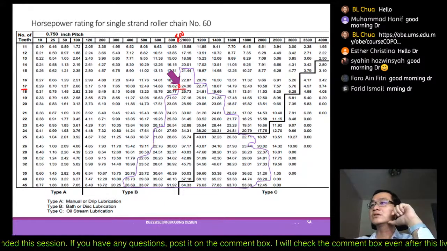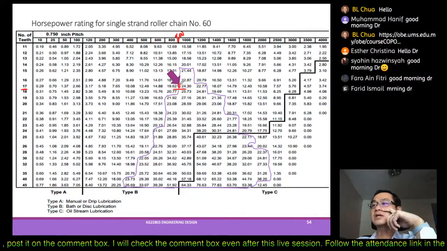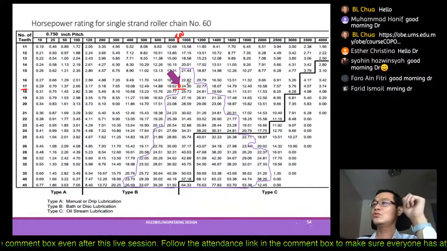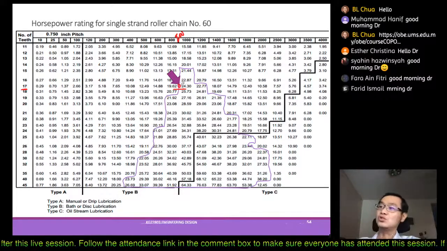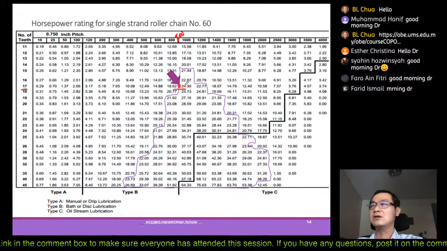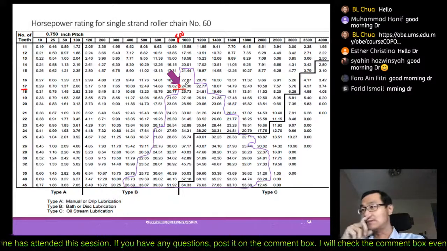So if this is the midpoint, then it's easy, you just get the average of this, you will get 1924, so it's roughly 22 probably, right? 22 horsepower over here, right? But in the test or when you do your calculations, you have to calculate the exact value, right?